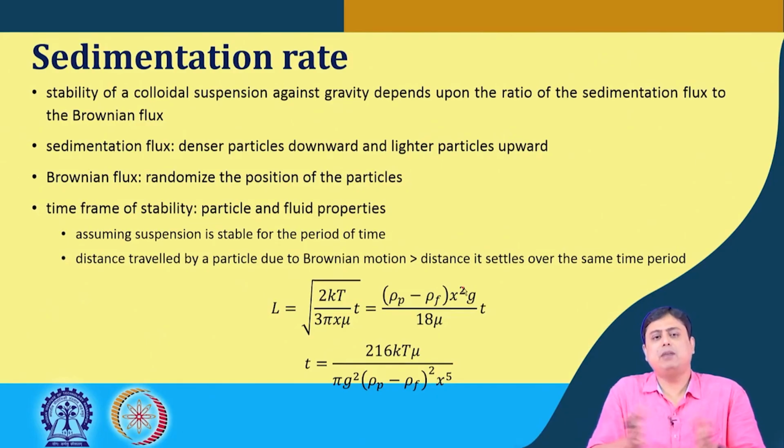So, it is the relative magnitude of these two in a colloidal suspension that dictates whether it will remain suspended or it will settle, and in which time frame. This relativeness actually dictates its stability.